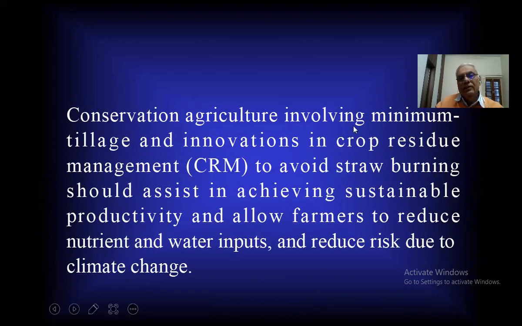So conservation agriculture involving minimum tillage, meaning zero tillage, and innovation in crop residue management to avoid straw burning should assist in achieving sustainable productivity and allow farmers to reduce nutrient and water inputs and reduce risk due to climate change. You know that indiscriminate use of chemical fertilizer and pesticide will create air pollution and global warming.